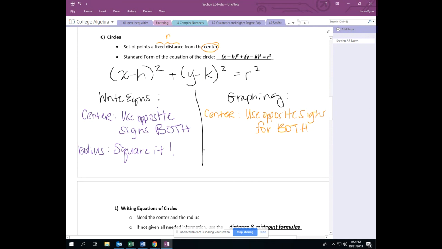For the radius, this value in here, it's not going to look like something squared. It's going to just be a value. So when we pull it out, we have to account for the fact that this number is the radius being squared. So we are going to take the square root of that value.